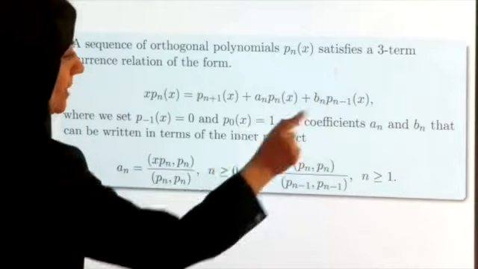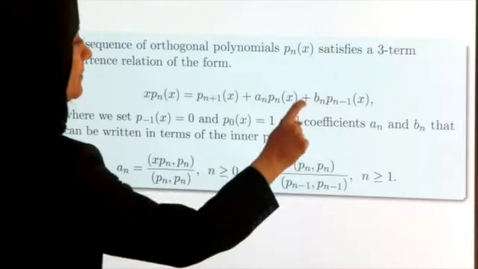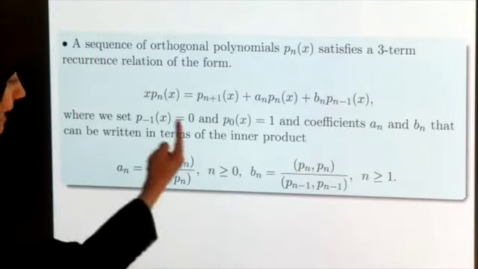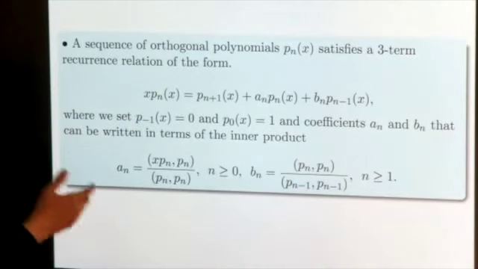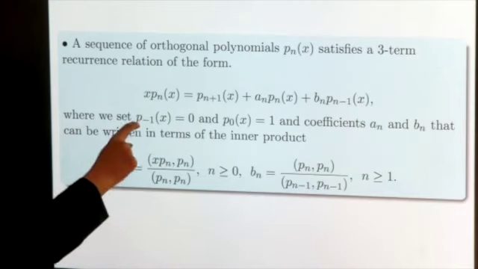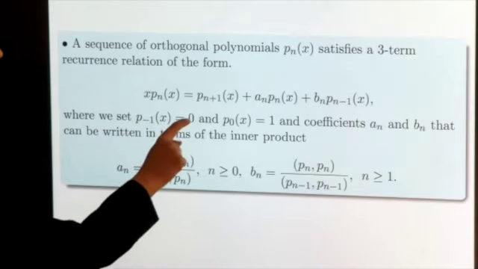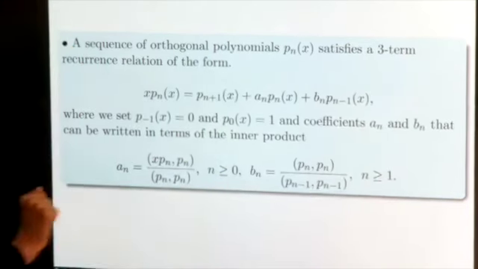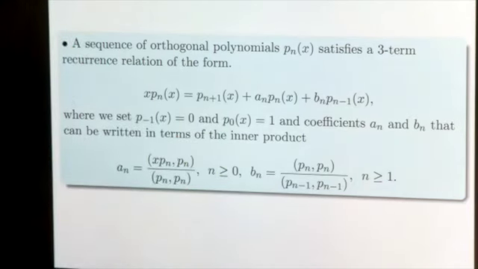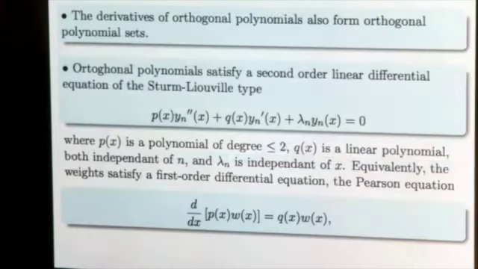In this equation, an and bn can be obtained from these relations. Also, p minus 1 equals 0 and p0 of x equals 1. It is a very important property of orthogonal polynomials.